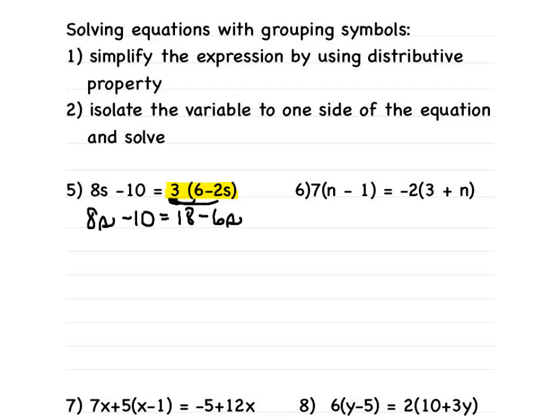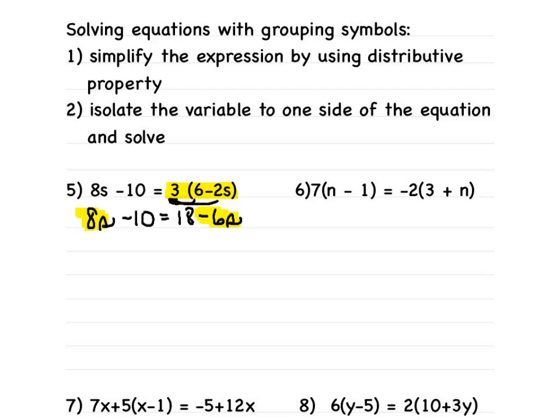Okay, now I have an equation that has variable terms on both sides. Notice with me that they're on opposite sides of the equal sign, so I do need to remove one of them. And of course, I always like, again, to remove the smaller of the two. And in this case, I can. So which is smaller, 8s or negative 6s?